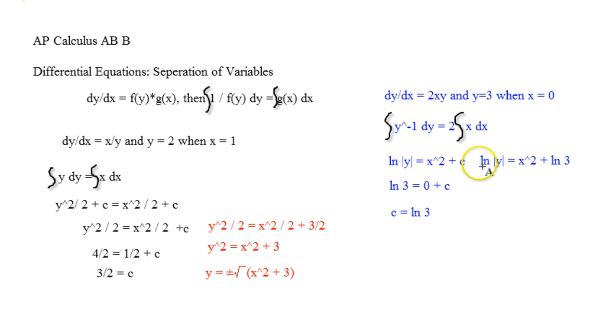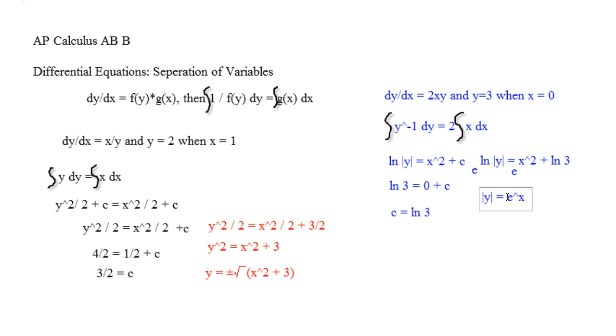Now in order to get rid of this and make this a nice easy thing, guess what you have to do? You have to exponentiate everything, so raise it to the e power. So I bring that down, and that's going to be the absolute value of y is equal to, now I'm going to break this apart by using my exponential rules.